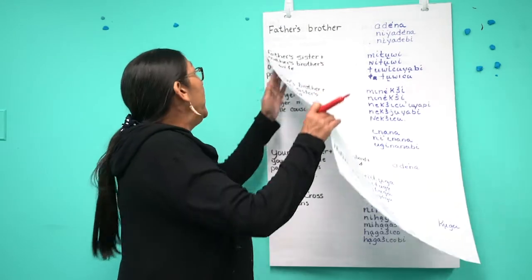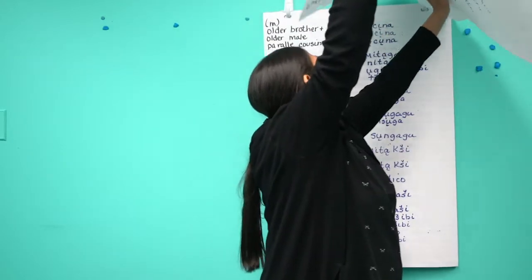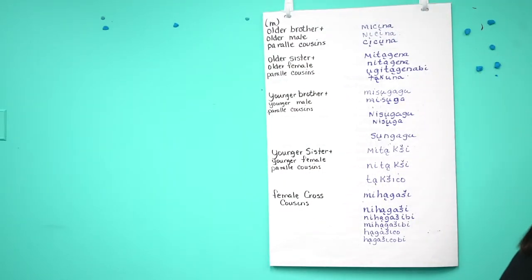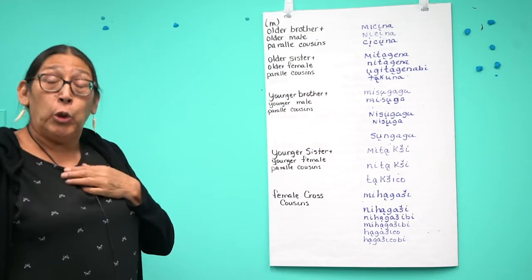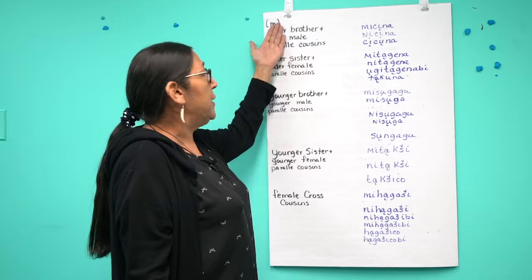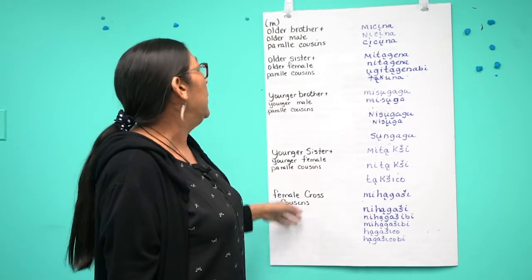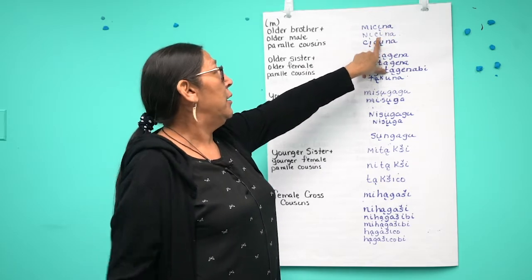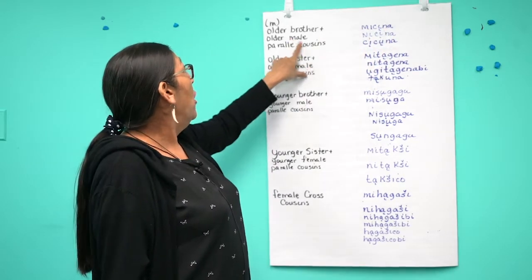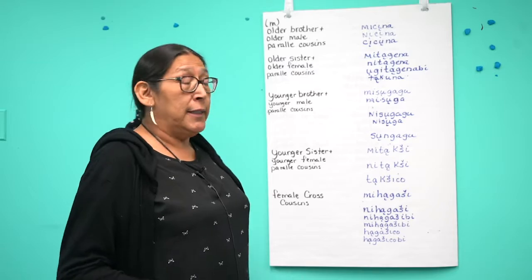Now we're going to go to the male part. If you're a male, now we'll pretend I'm a man. I'm standing here and I'm going to talk about my older brother. This is how the men would say these words. Michina. Your older brother, or your older male parallel cousins.